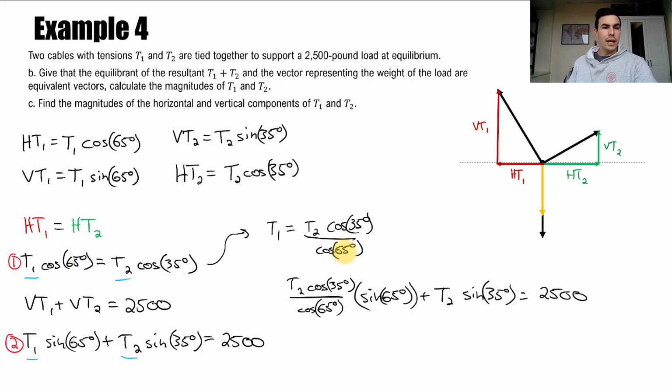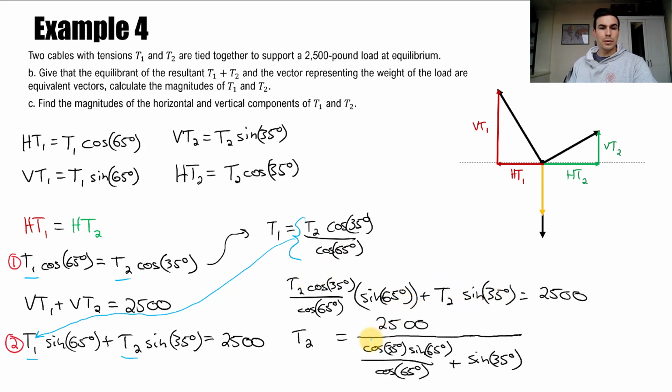Then I'm going to plug this whole thing in for T1 in this second equation right here. That's all we're doing. I plug that in, and I get something that looks like this. Now I just have an unknown of T2. So when I solve for T2 and plug this whole thing into a calculator, I get approximately 1,072.84 pounds.